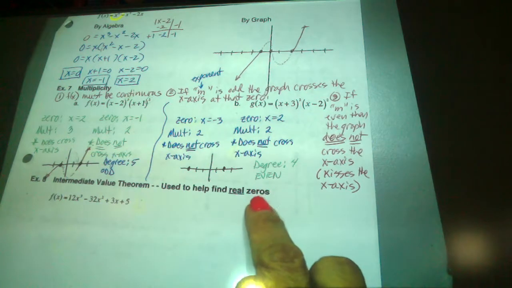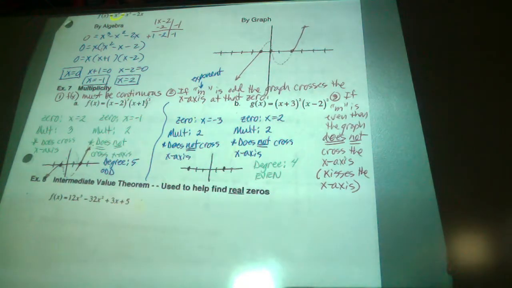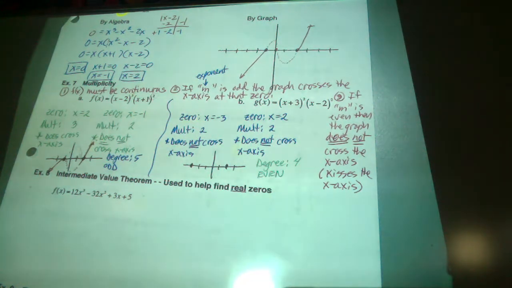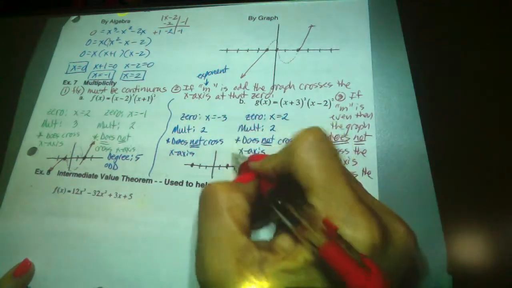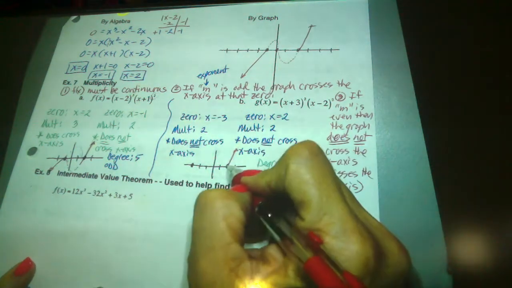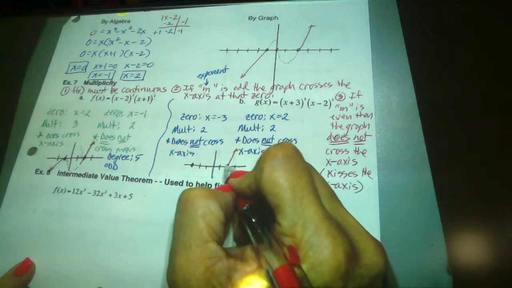Doesn't that mean that my right hand behavior goes up? And that means the left hand behavior has to agree with it. And since this is a degree of 4, don't we have some experience that it kind of looks like a W? Or an M, depending upon whether it's going up or down? So I'm going to start with my right hand behavior going up, but it doesn't cross the x-axis here, it kisses it.